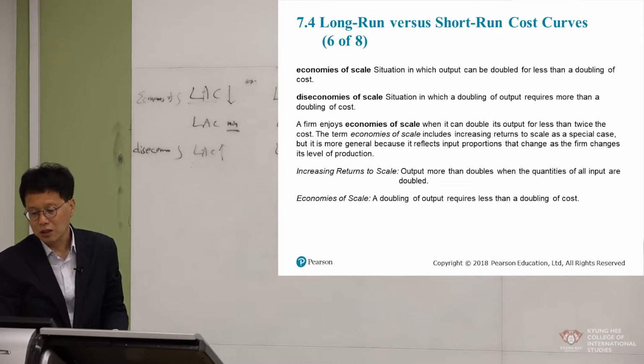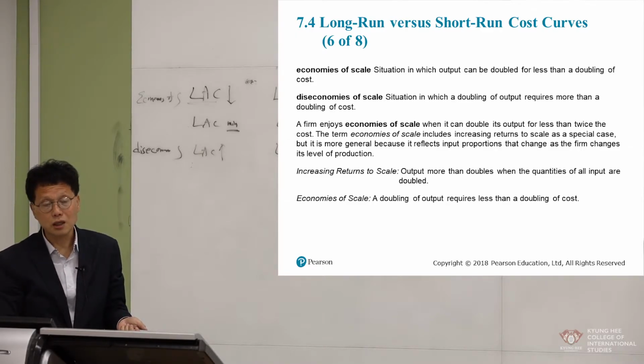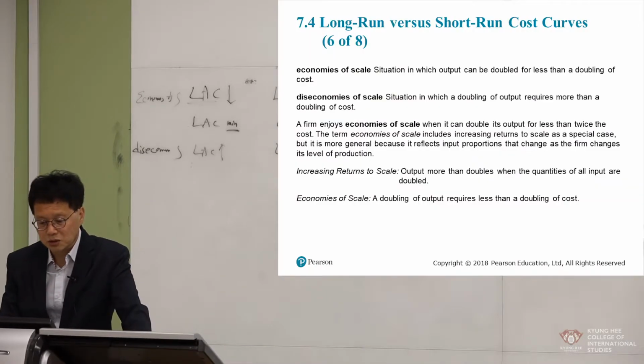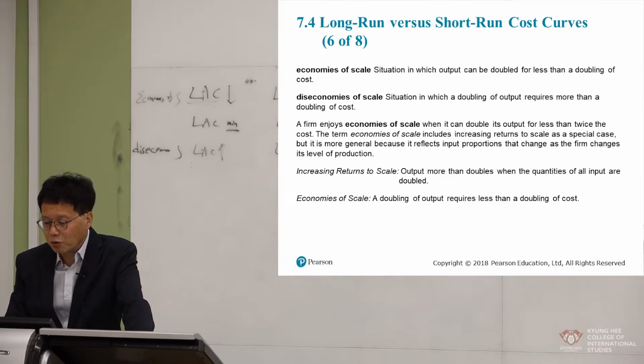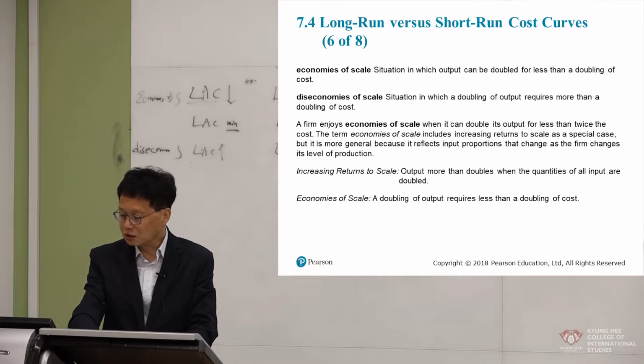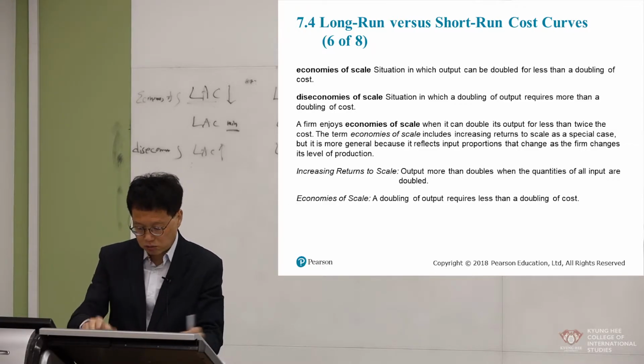If cost doubled and output less than doubled, that is diseconomies of scale. A firm enjoys economies of scale when it can double its output for less than twice the cost. The term economies of scale includes increasing returns to scale as a special case, but it is more general because it reflects input proportions that change as a firm changes the level of production, right?